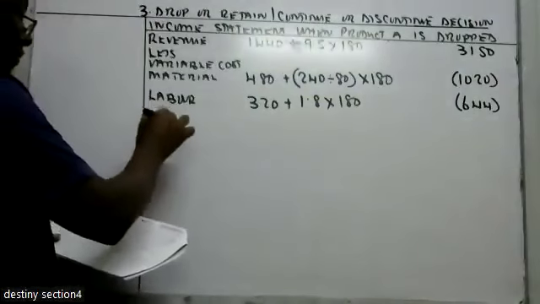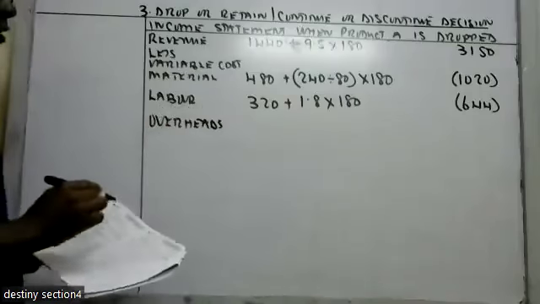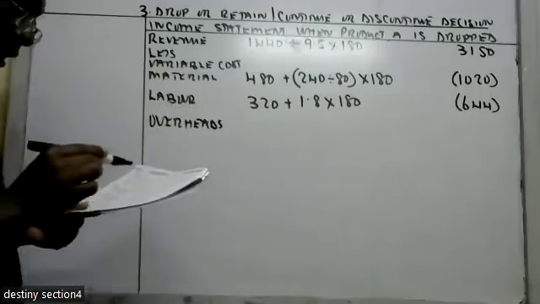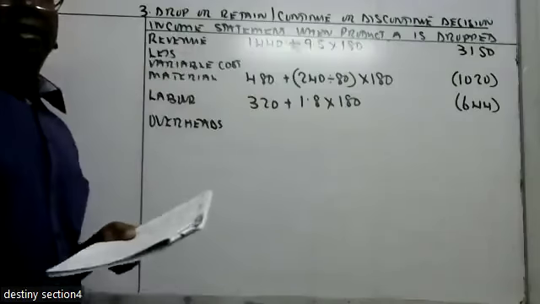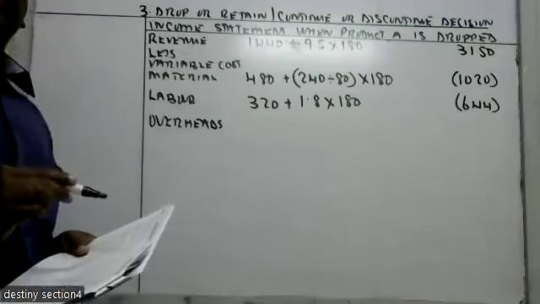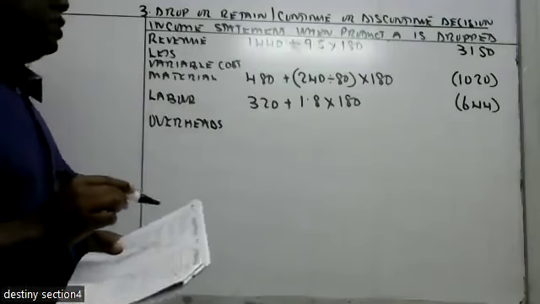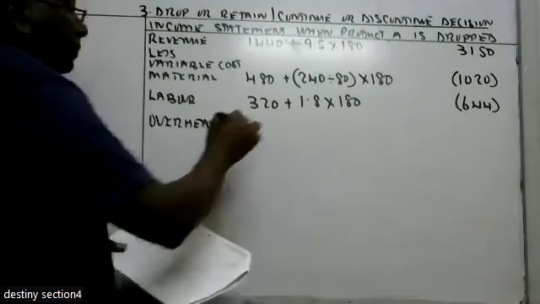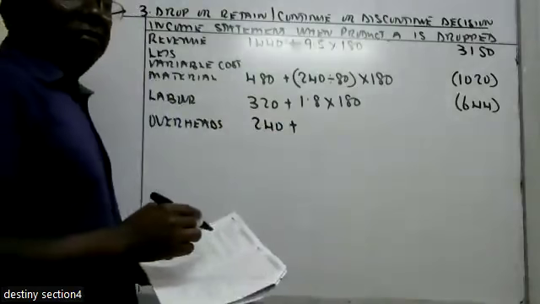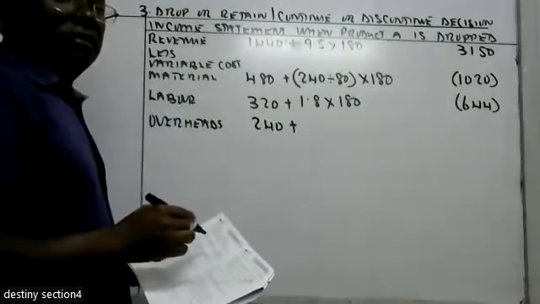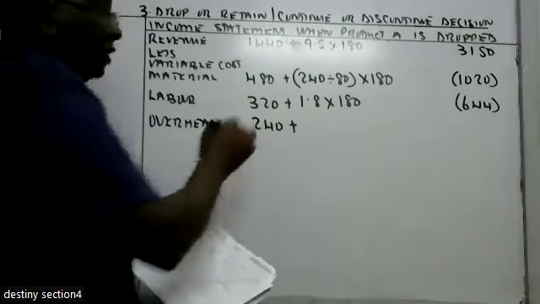Then we have overheads. Here ukirudi kwa working ya overhead, no sorry B, we need B, 240. Alafu C ipata per unit variable overhead of 1.5.